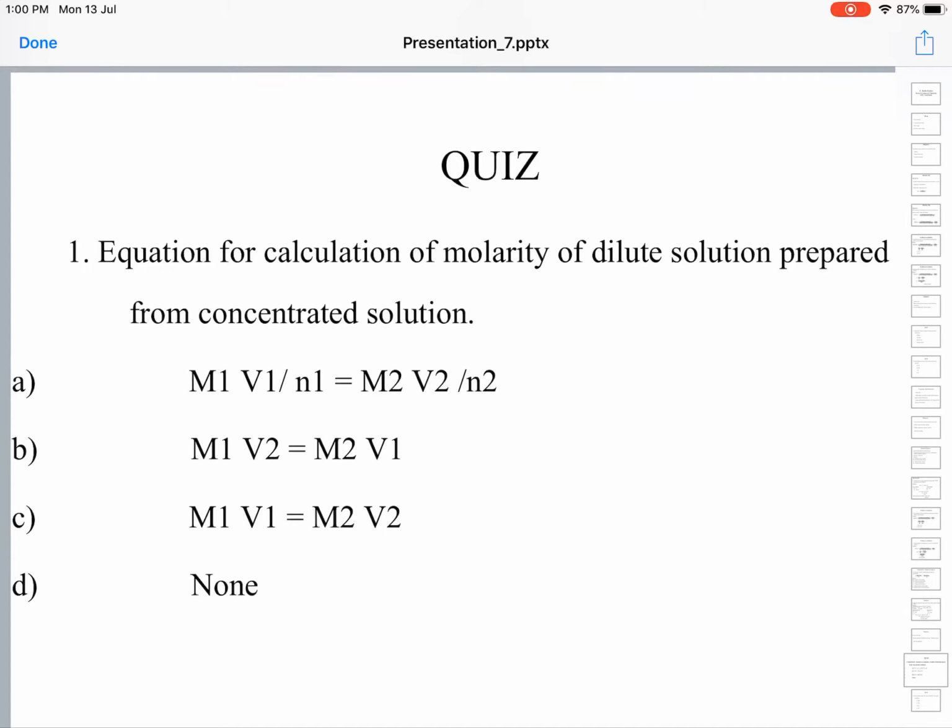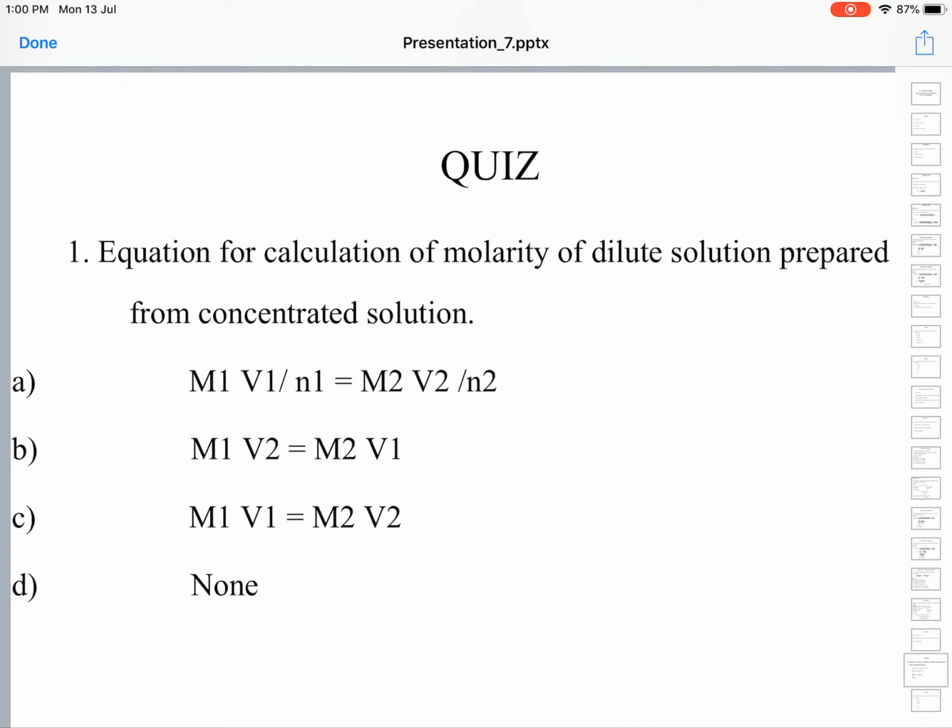We have seen that for molarity problems for dilute solutions, to a concentrated solution we add some solvent, it becomes dilute.